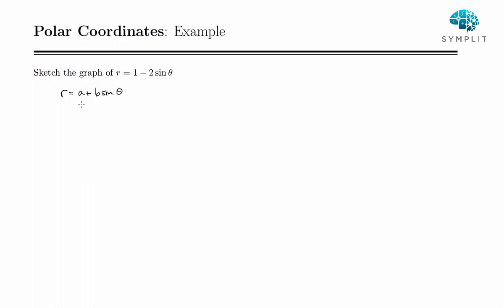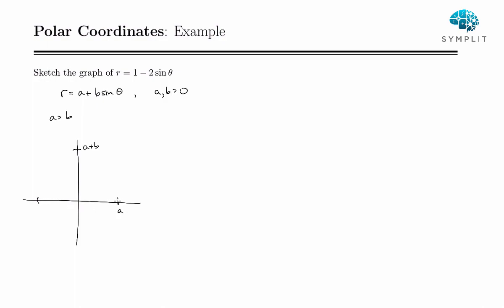So, assuming both a and b are positive, if a is greater than b, we have something that looks like this. It comes up to a plus b on the vertical axis. And it starts out over here at a, and it's going to go over here as well.